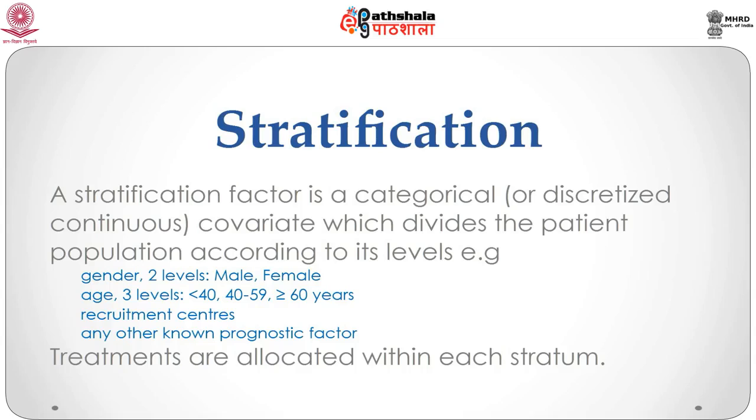So say we have measured in addition to treatment several covariates including gender, which has 2 levels, male and female, age, which we can choose to categorize in terms of 3 levels, say less than 40, 40 to 59 and greater than or equal to 60, recruitment centers, any other prognostic factor and so on. In this case, we do not perform the allocation overall, but treatments are allocated within each stratum.